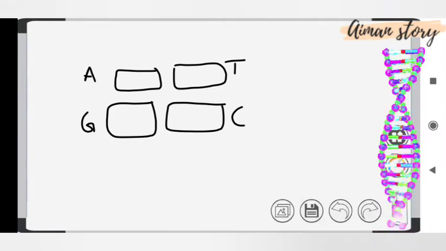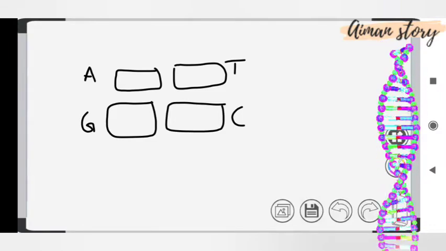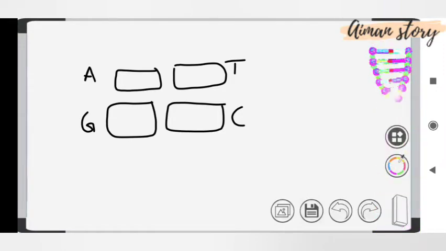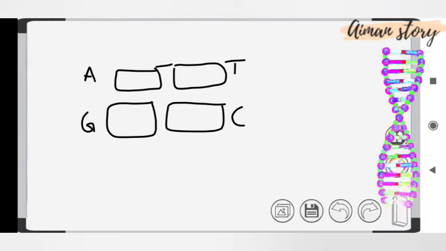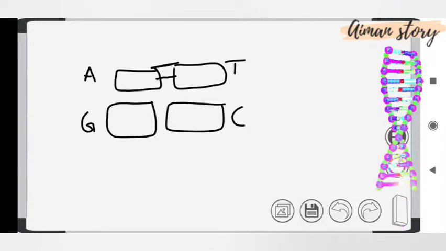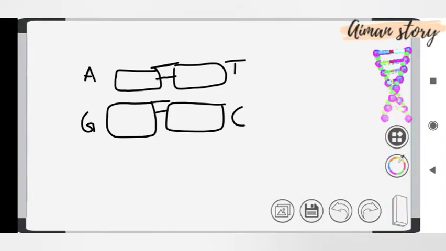The interaction between the nitrogenous bases is linked by hydrogen bonds. For A and T pairing, there are two hydrogen bonds, and for guanine and cytosine, there are 3 hydrogen bonds.